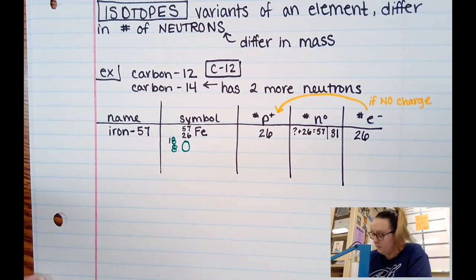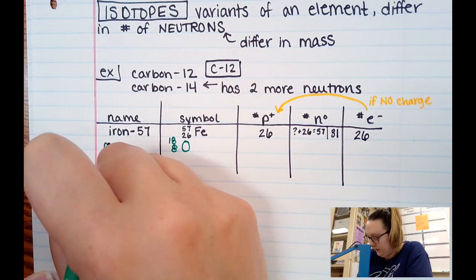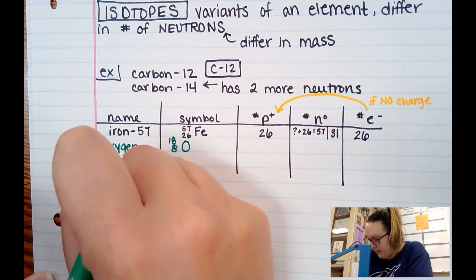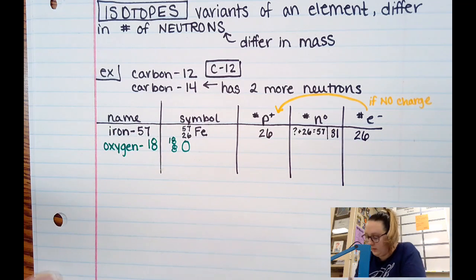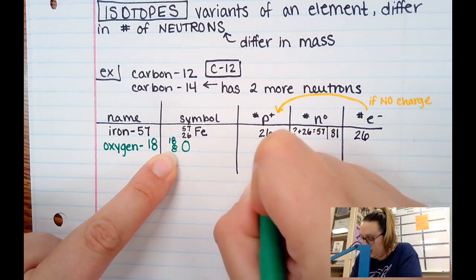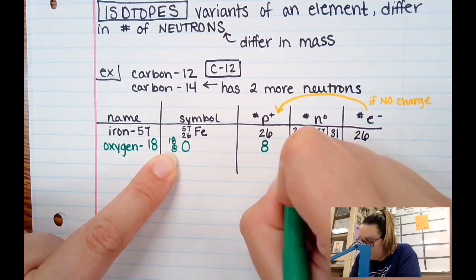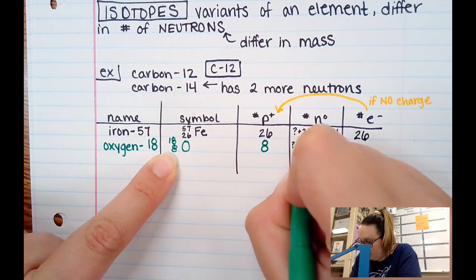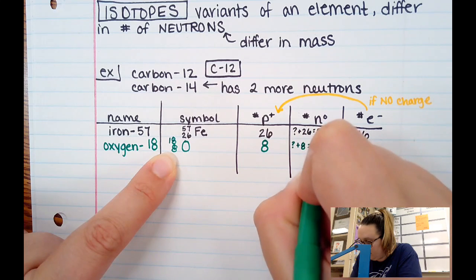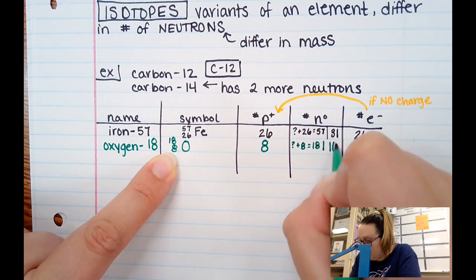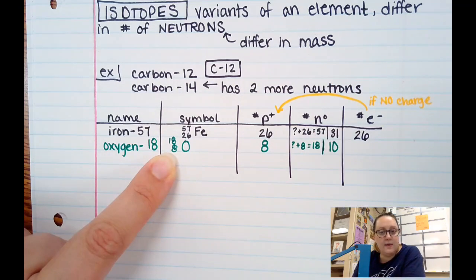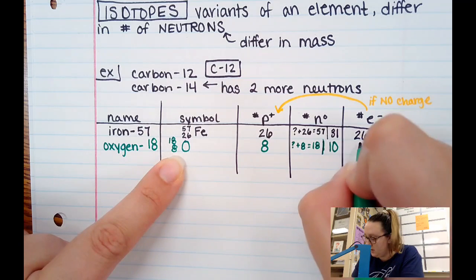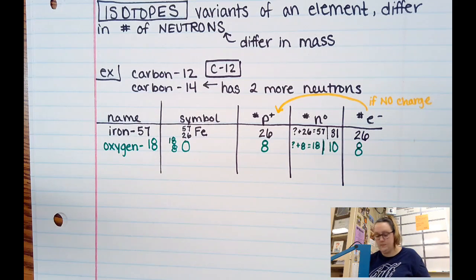You should have, this is oxygen, variety 18, number of protons, 8, neutrons, well, neutrons plus protons equals the mass, so it looks like 10. And then number of electrons, there is no charge, so 8. All right, let me give you another one.